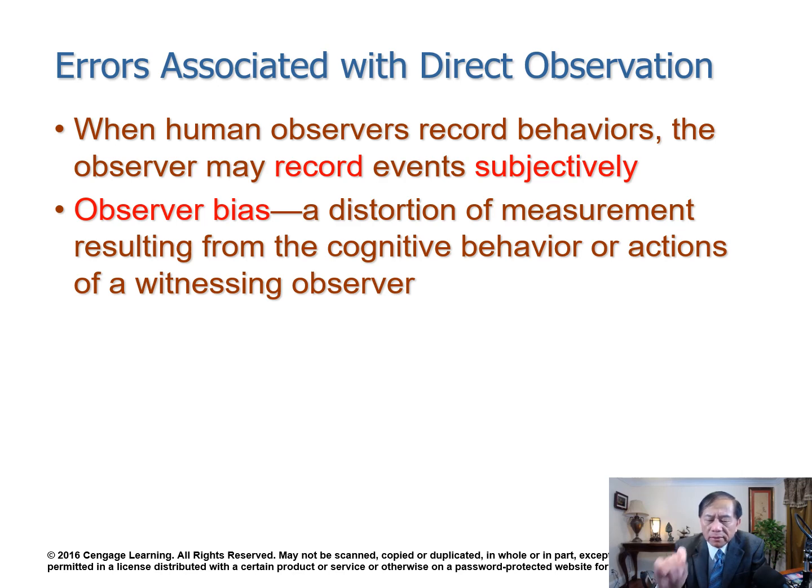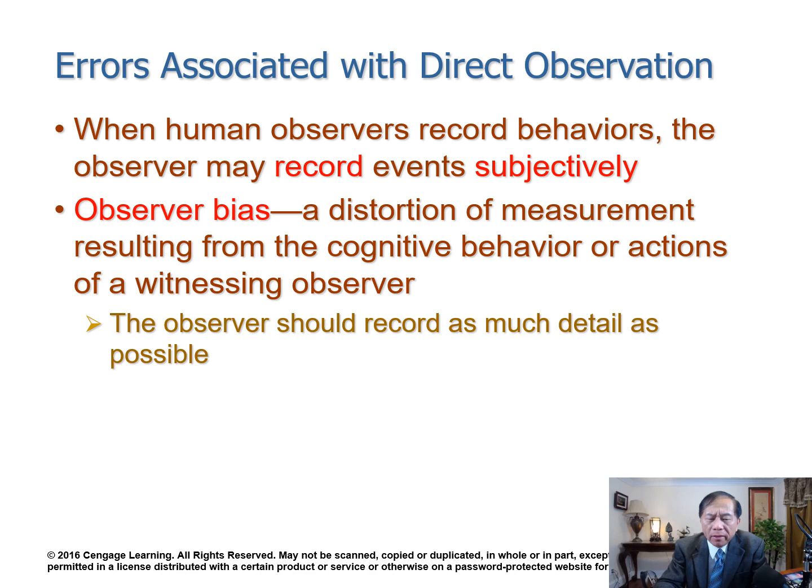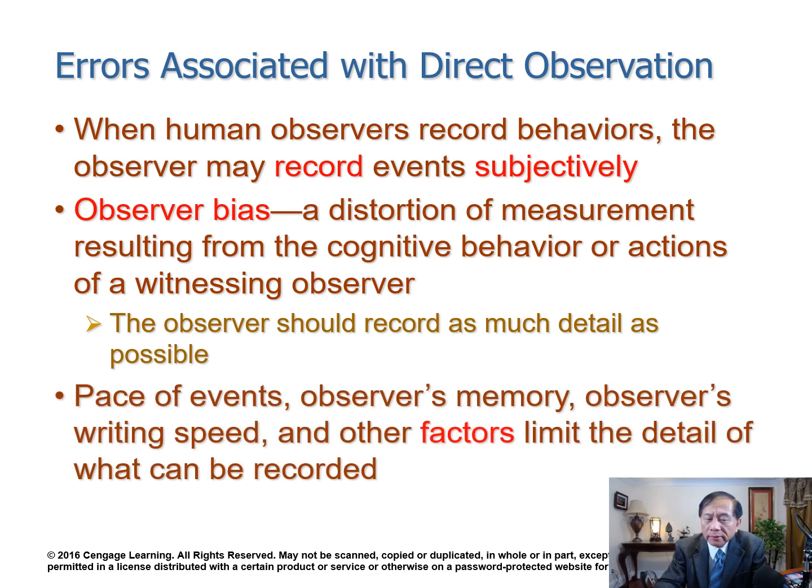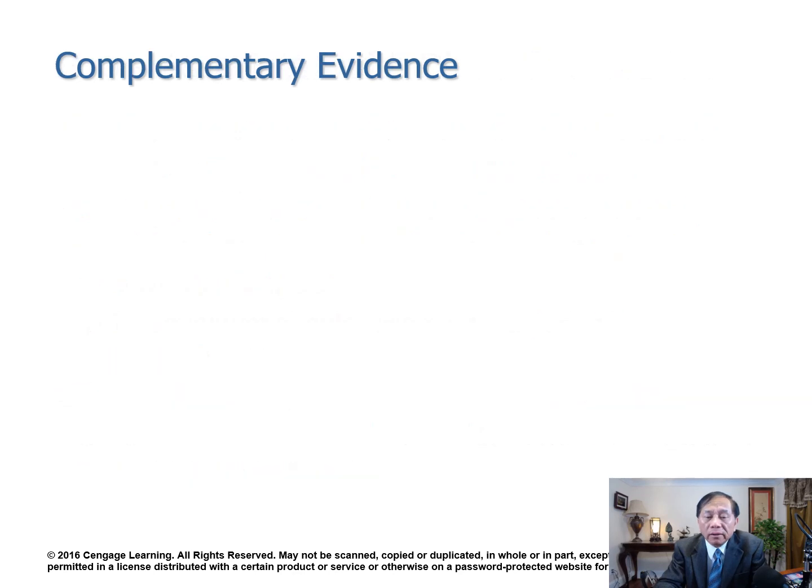Your own bias. Okay? The observer should record as much detail as possible and as objectively as possible. The pace of events, the observer's memory, the observer's writing speed, and other factors may limit the detail of what can be recorded. You can't write quickly enough to record everything. Okay?